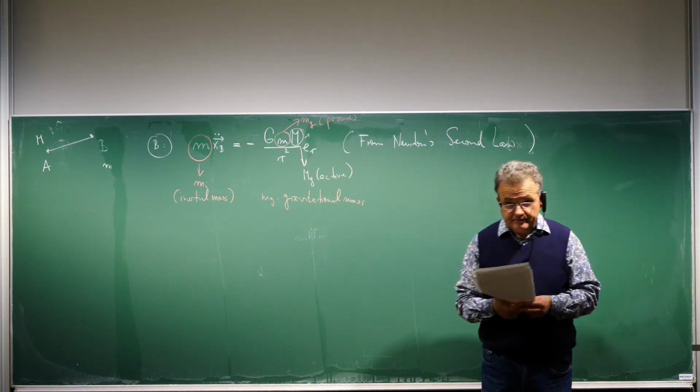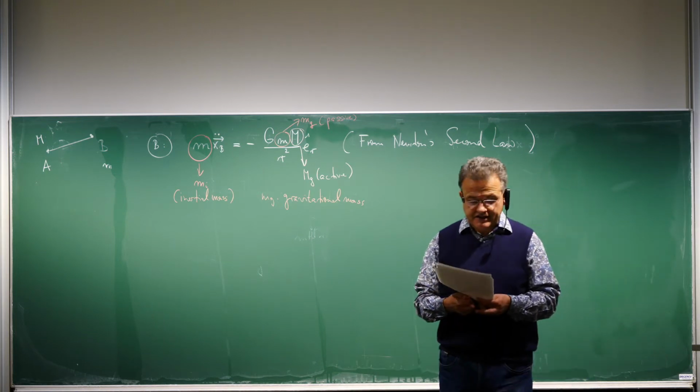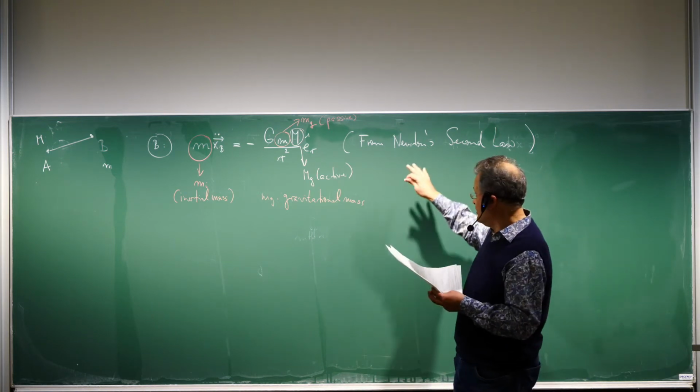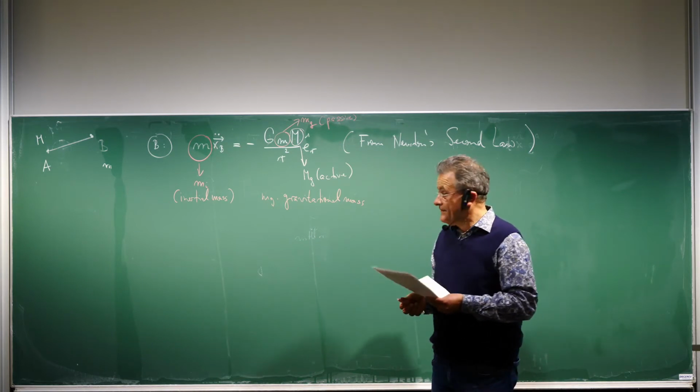Now, they are not independent, and the first thing is that the active gravitational mass must be the same as the passive gravitational mass.